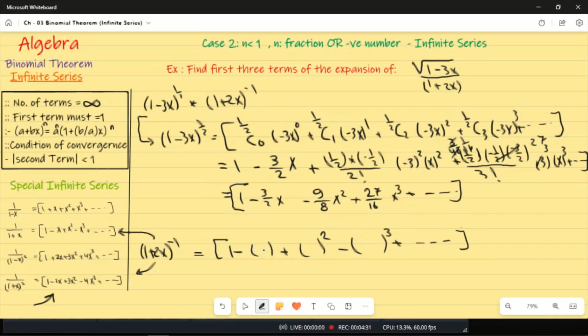So here we just replace x by 2x, so we have here 1 minus 2x plus 4x squared minus 8 cubic x plus completion. Okay, so just multiply this series into this series. Okay, just rewrite that.